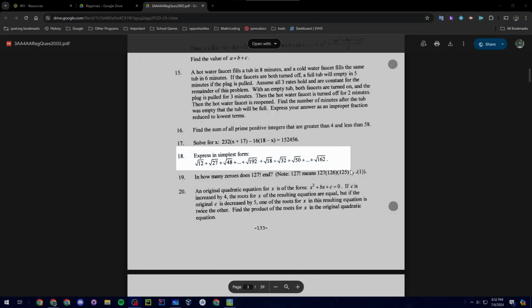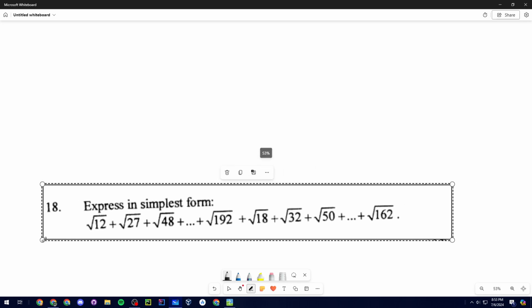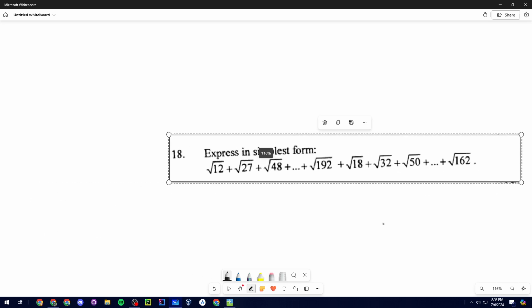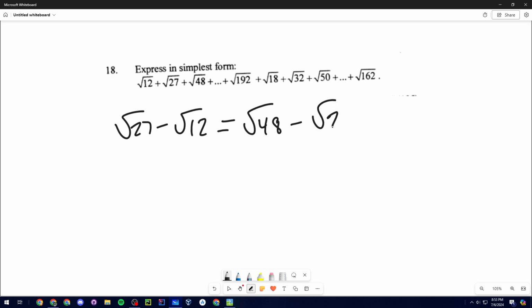Oh, another series. It has to be an arithmetic series or a geometric series. So which one is it? I guess to determine, we just divide, right? So for an arithmetic series, is root 27 minus root 12 equal to root 48 minus root 27?